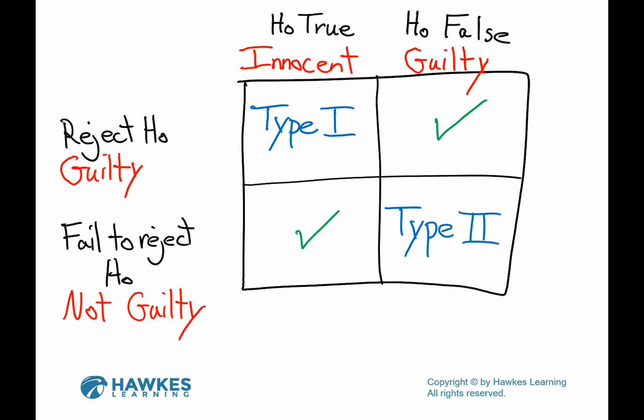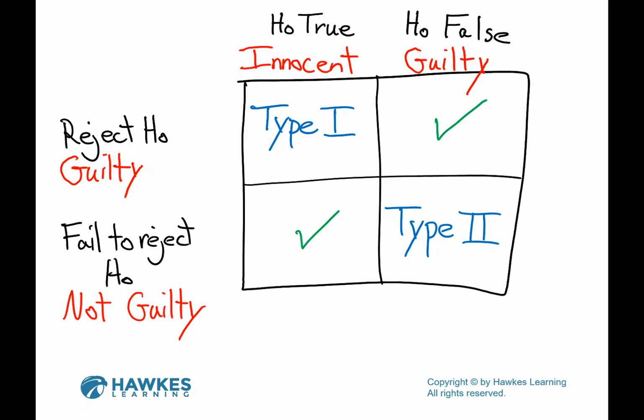So if our evidence is not strong enough, then the guilty person goes free. And so those are two types of errors. So in that case, probably the majority of people would say minimize type 1 at the risk of type 2. And again, it's personality based, but that's the thought there.